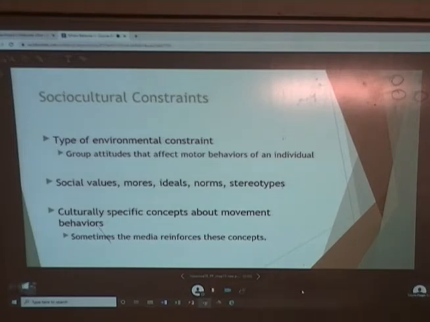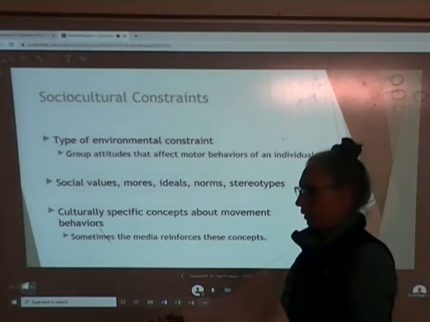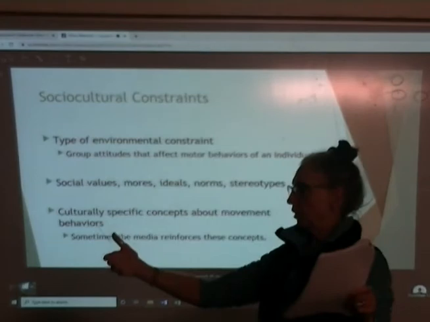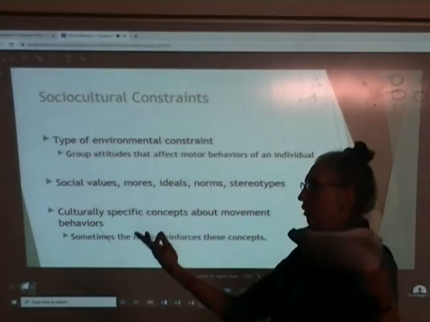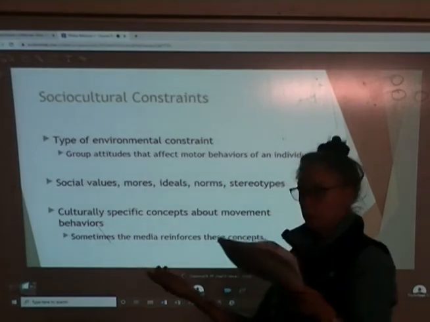So in the States, we learn to play baseball, but in the UK, you don't learn to play baseball, you learn to play cricket, right? So just because I live in two different countries affords me the opportunity to learn completely different motor skills, right?